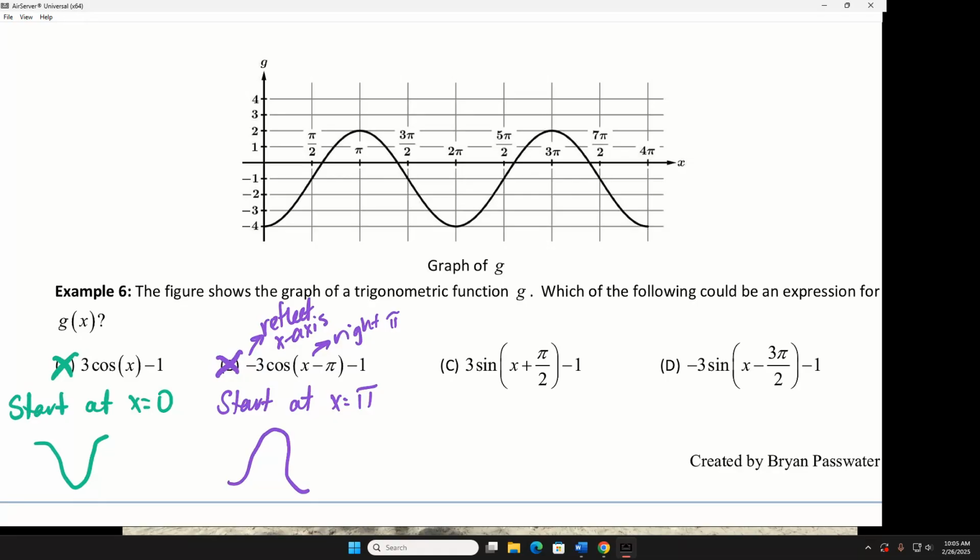All right, you ready? Where are we going to start out on C? It's tricky. Yes, maybe it's not tricky, because this one actually shifts to the left. Now we don't have a negative pi over 2 on our graph.